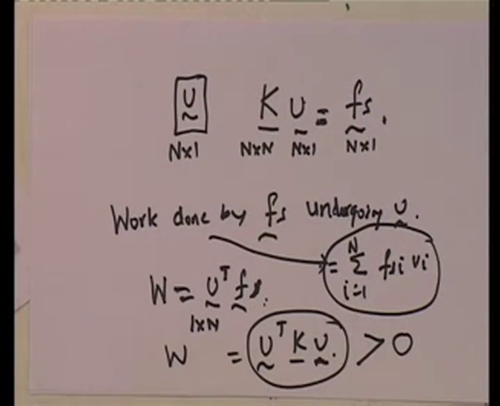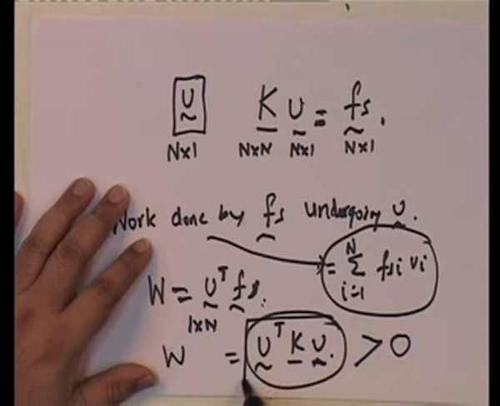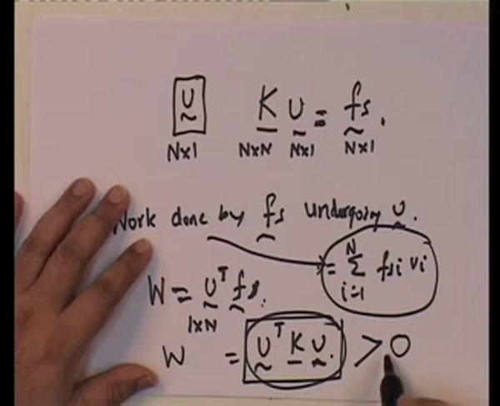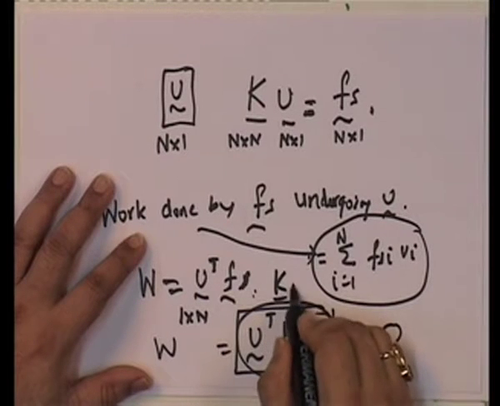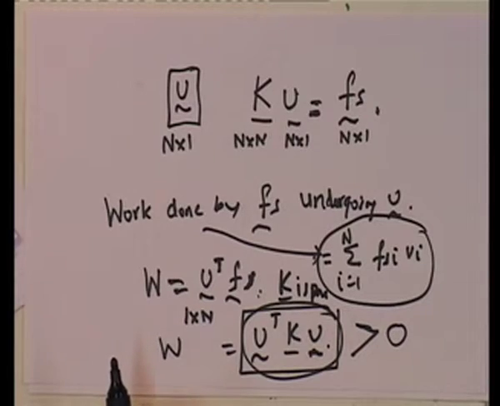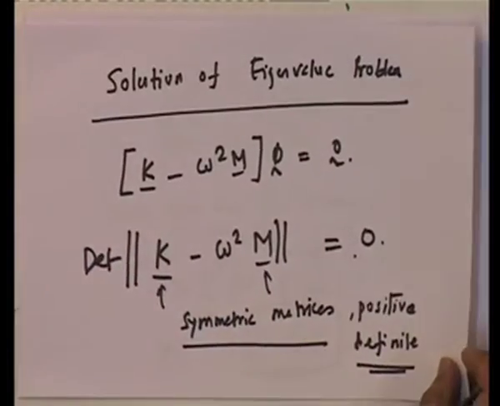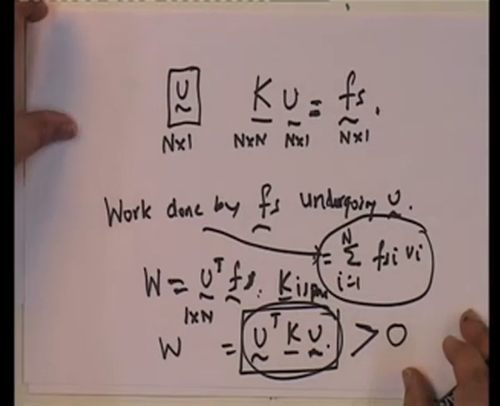Okay. So, this implies, if this is true, if any arbitrary displacement into k in this format is greater than 0, then k is positive definite. So, obviously, k is positive definite. Similarly, we can show that m is positive definite. How do we do it?